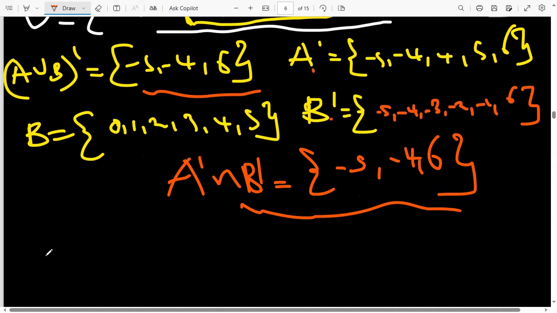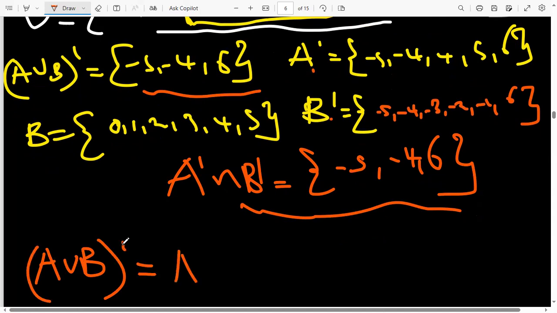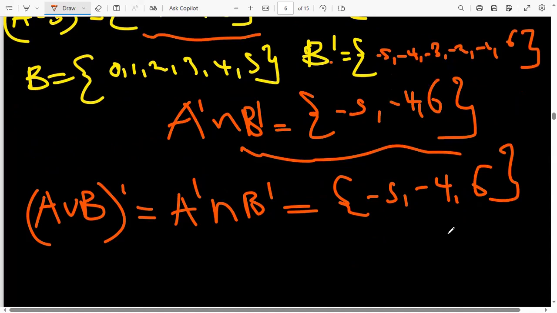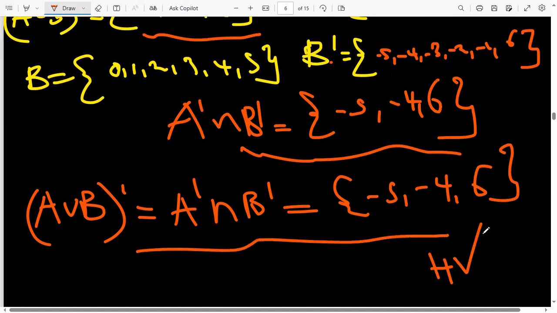So you can say hence verified that A union B complement is just the same as A complement intersection B complement. And this is equal to the set -5, -4, and then 6. So we have verified here. You can write hence verified. So any questions there on how to verify De Morgan's laws?